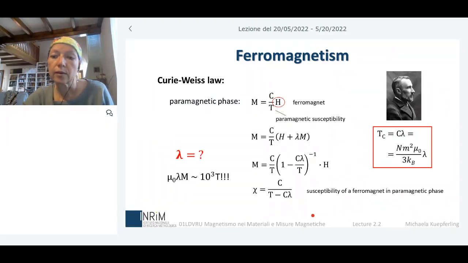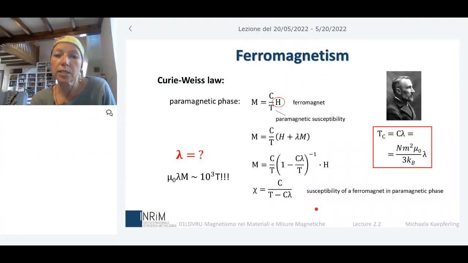So one thing that was really puzzling everybody at the time was that lambda, if you calculate it, in order to describe the typical magnetization that we have in a material, had to be extremely high. So if you calculate it for a typical ferromagnetic material, you will get that the Weiss molecular field inside the material should be about 1000 Tesla.